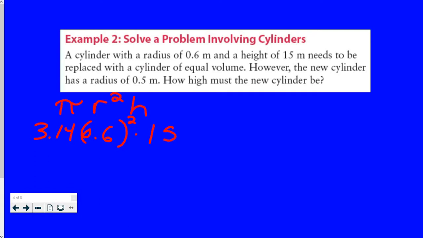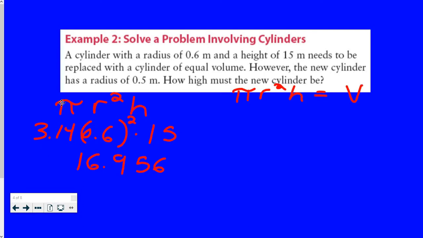3.14 times 0.6 squared times 15 equals 16.956. Now we know that that's the volume that must be found. So pi r squared times the height equals the volume.